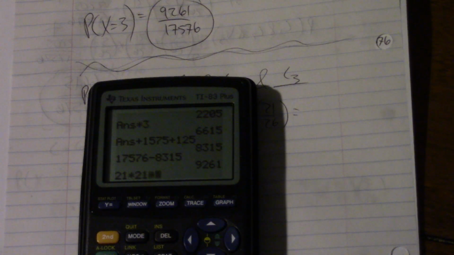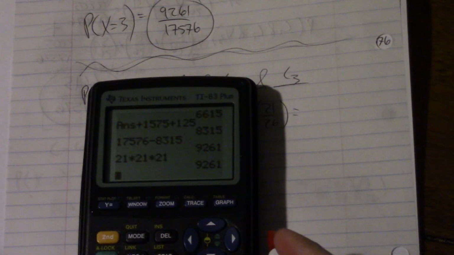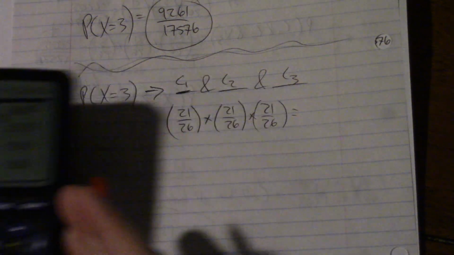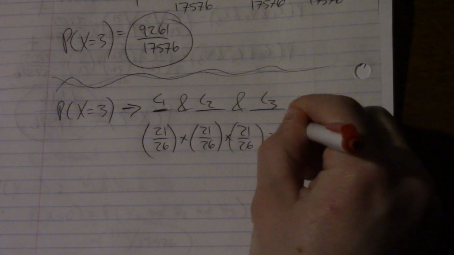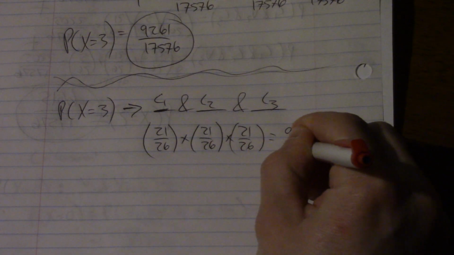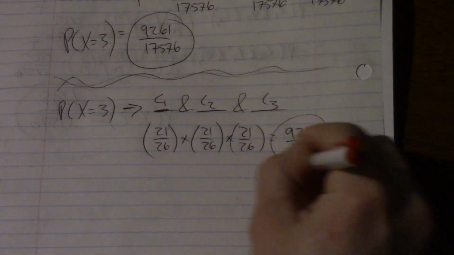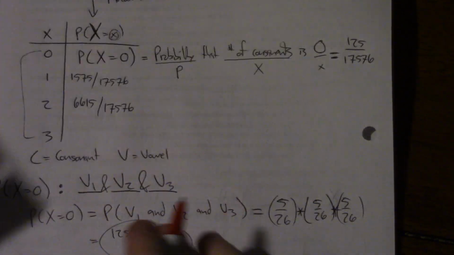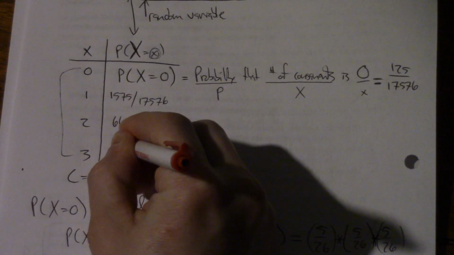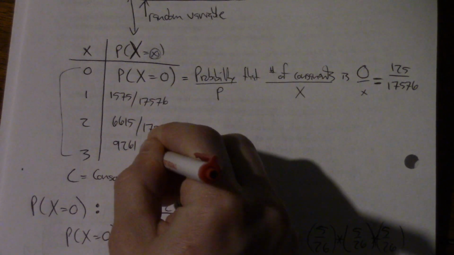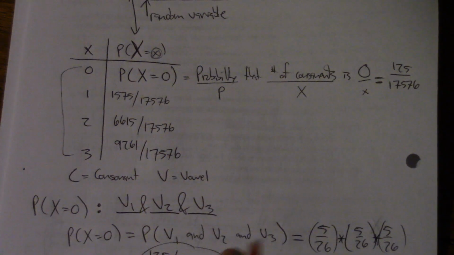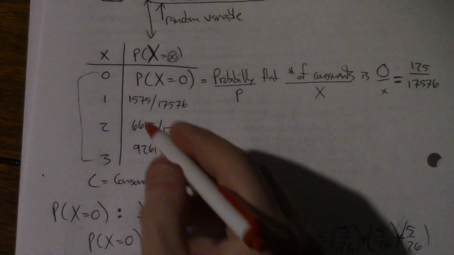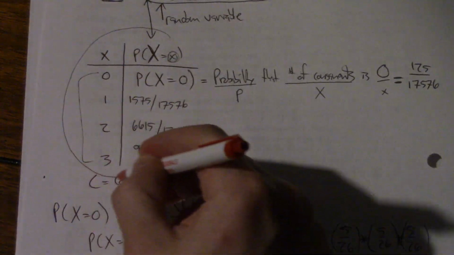So 21 times 21 times 21, yep, 9261. And that's the probability that x is 3. So we add that to our distribution. 9261 over 17,576. And there you go. That's the distribution. This is the piece we want.